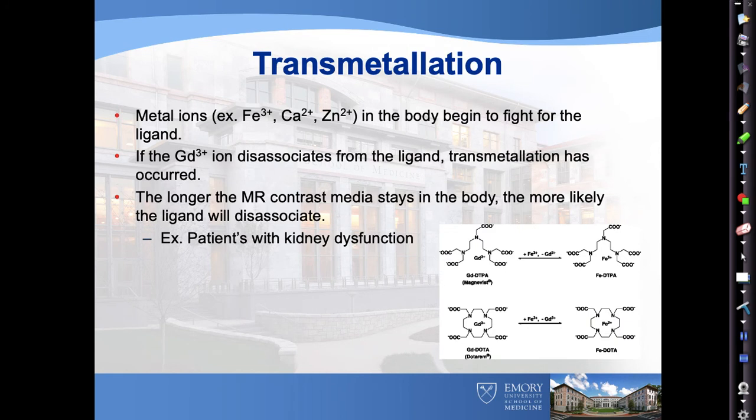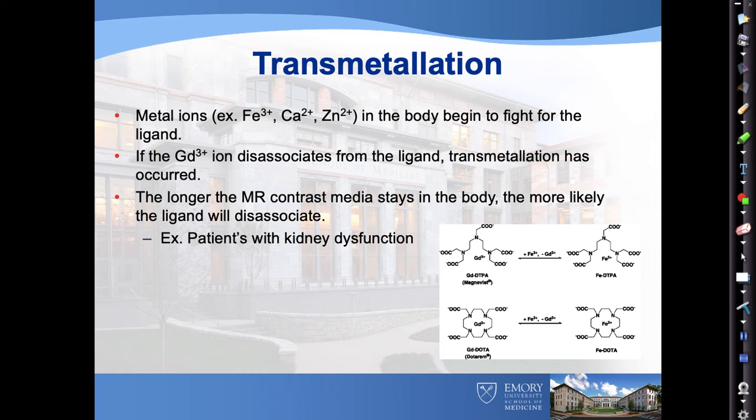So what is transmetallation? Transmetallation is when metal ions naturally occurring in the body, like iron, calcium, and zinc, begin to fight for the ligand that is attached to the gadolinium. If the gadolinium ion disassociates from the ligand, transmetallation has occurred.